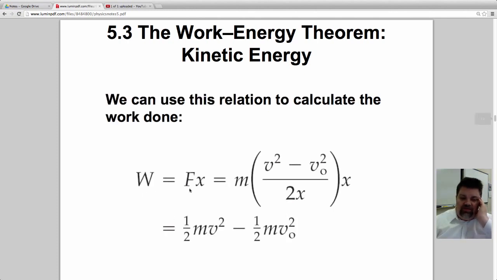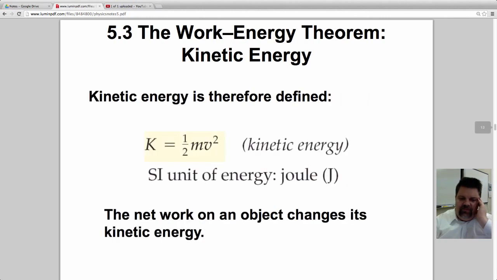Well, if work is force times displacement, and force is mass times acceleration, but acceleration is v squared minus v naught squared over 2x, times x, when we multiply this through, we get that work done is going to be equal to 1/2 mv squared minus 1/2 mv naught squared, which are the initial and final velocities.